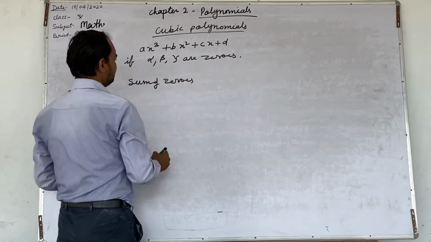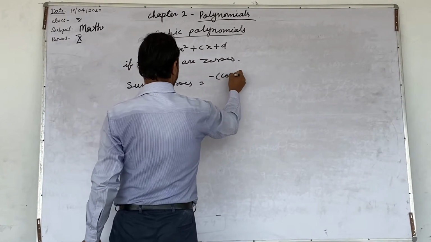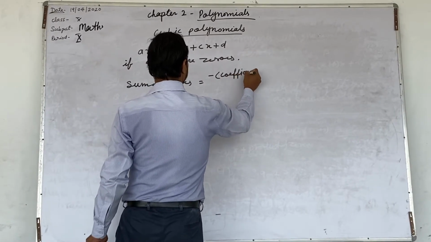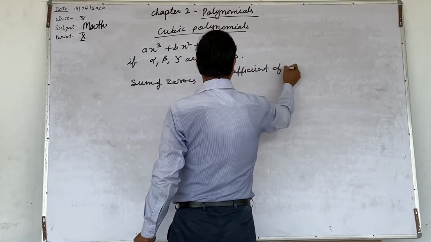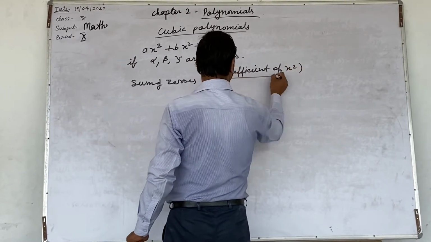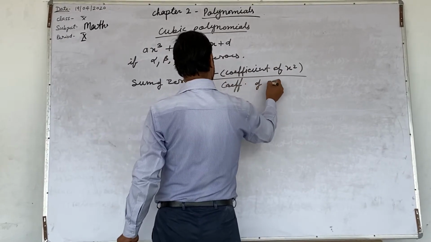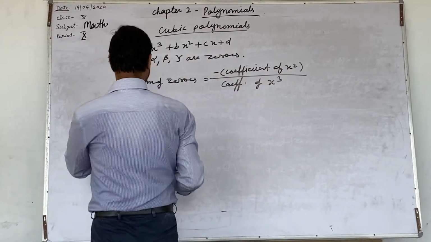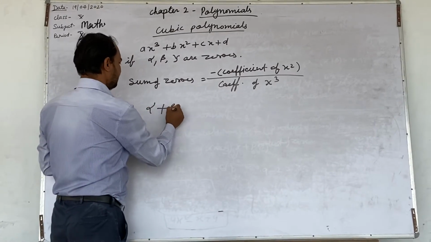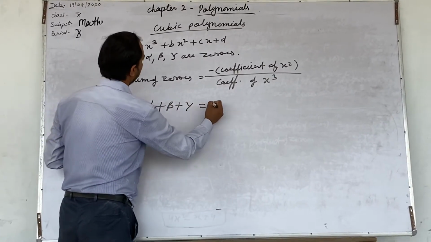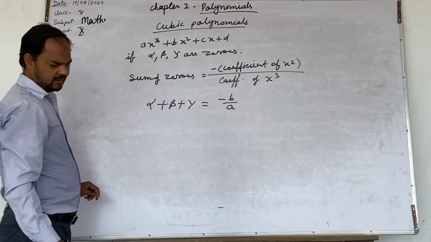What is the sum of zeros? Minus coefficient of x square upon coefficient of x cube. This can also be written in formula form: alpha plus beta plus gamma equal to minus b upon a. Right?